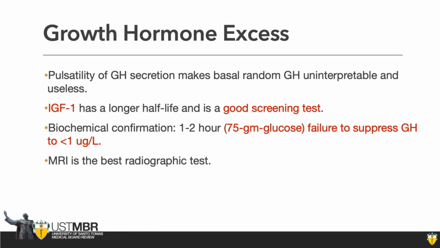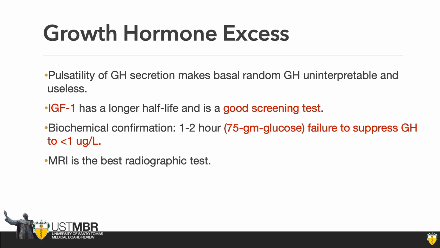Generally, whether it's growth hormone excess or growth hormone deficiency, we do not check growth hormone blood level, because growth hormone in itself is pulsatile and it has a very short half-life. Therefore, it's hard to catch the peak or the nadir of growth hormone.